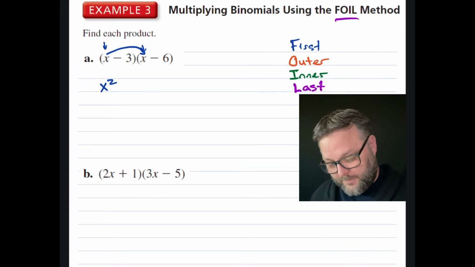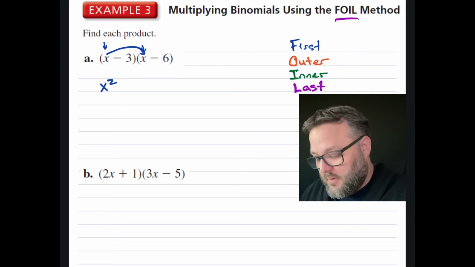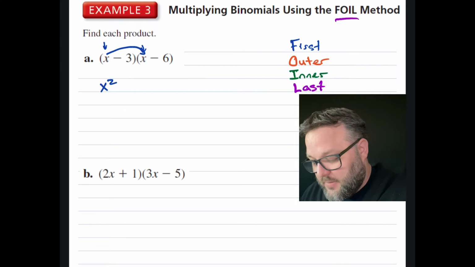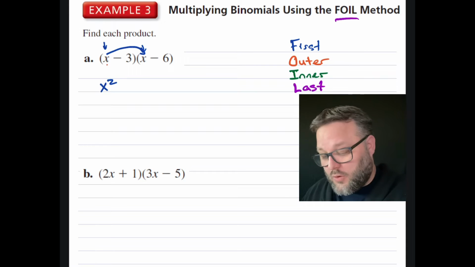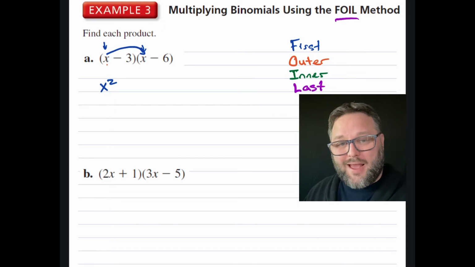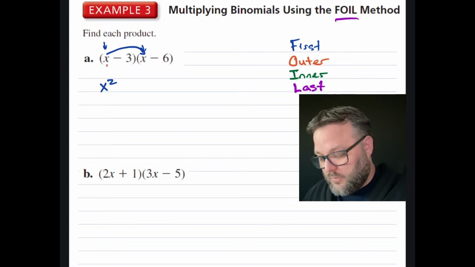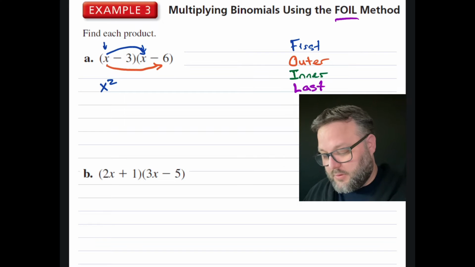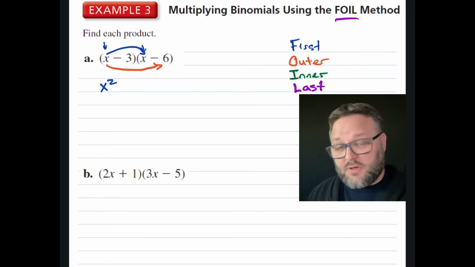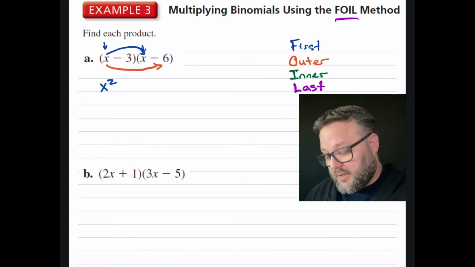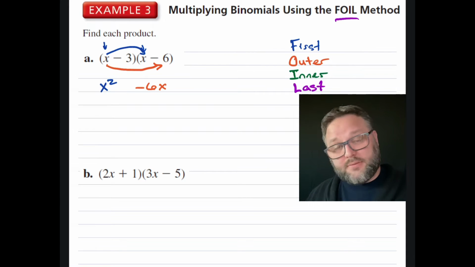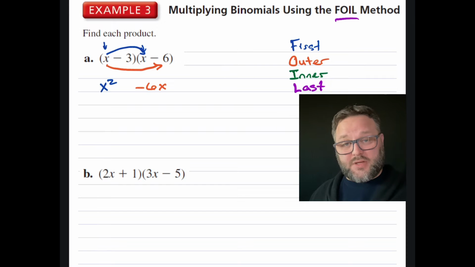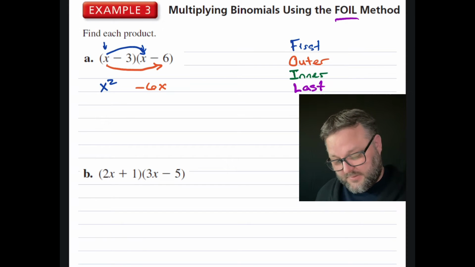Simple enough, right? Then we have this same x that we're starting with, and we're going to multiply it by the outer term. Well, our outer term is -6. So that means we are getting -6x, because -6 times x is -6x.